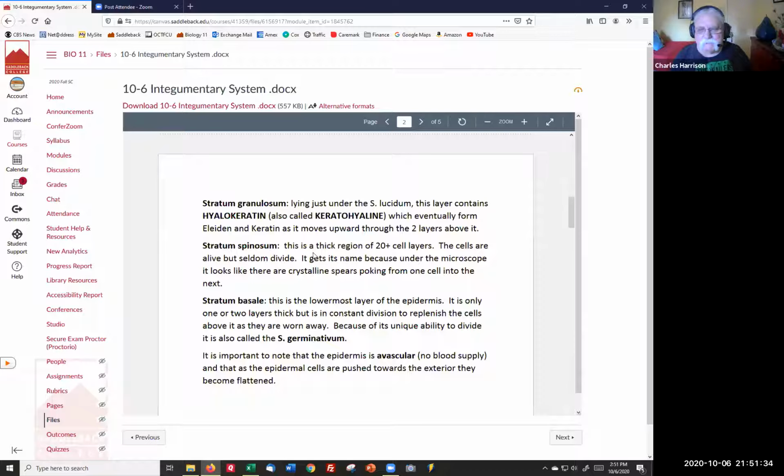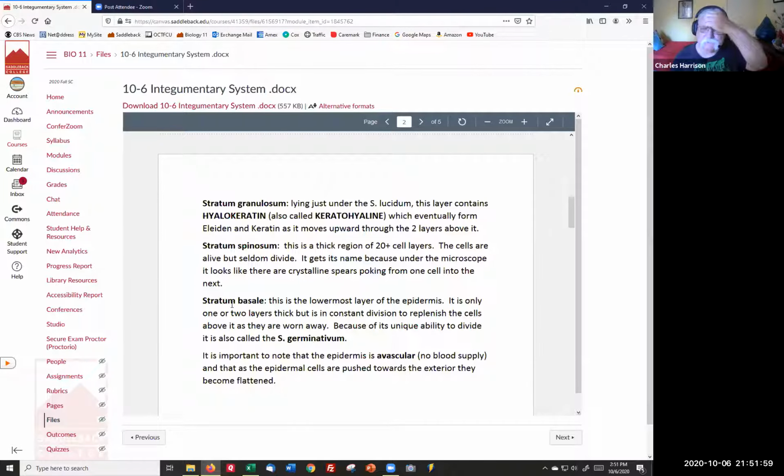The dead cells are being sloughed off, scraped off, rubbed off all of the time. And if they're not replaced, we'd be a skeleton in no time. So they've got to be replaced somehow. And that's the lowermost layer. That's the stratum basale, the stratum at the base.